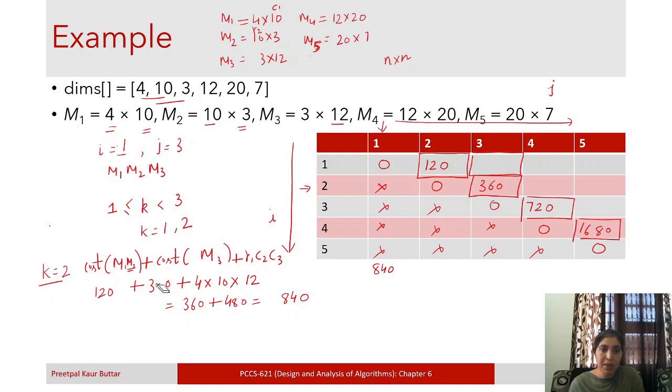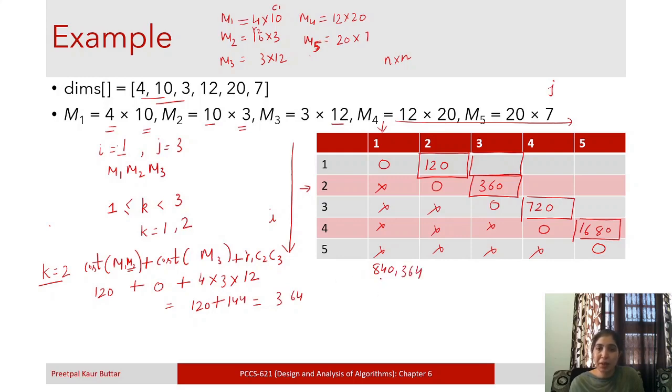Cost of m3 is 0, and this cost, it is r1 4 into c2, this is 3 into c3 12, okay, so it is 120 plus 144, and overall it is 364. Okay.